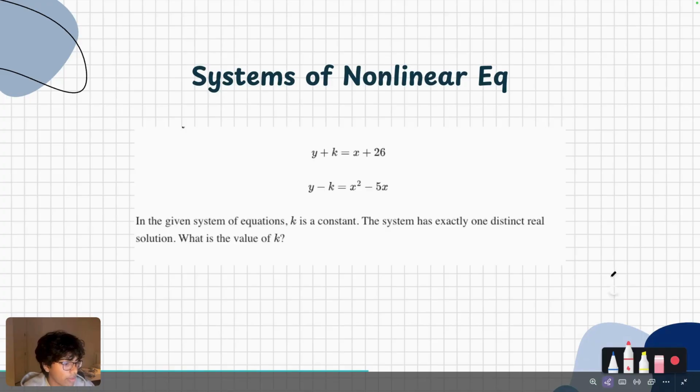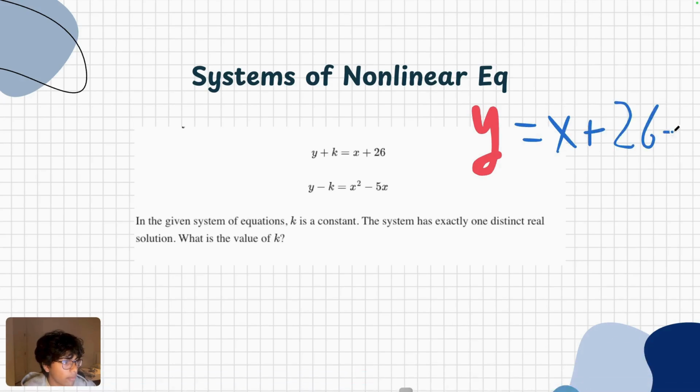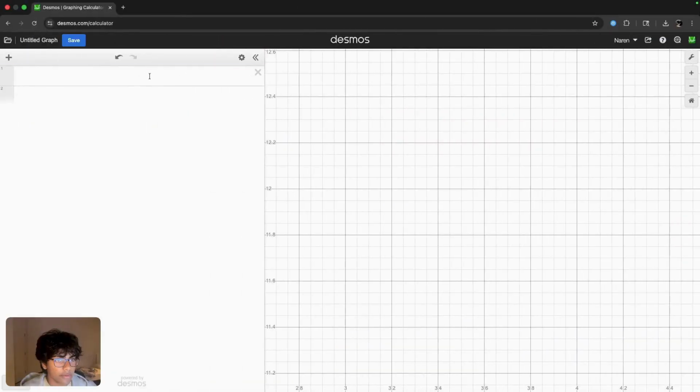Okay, so let me start out by drawing our equation. We have y equals x plus 26 minus k, right? The other one is y equals x squared minus 5x plus k. So let's go into Desmos and write it out.